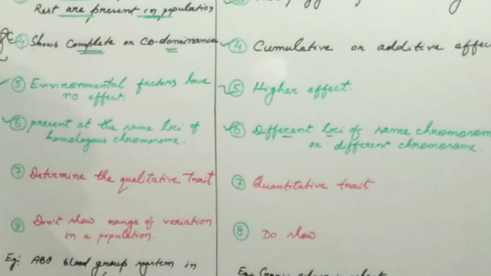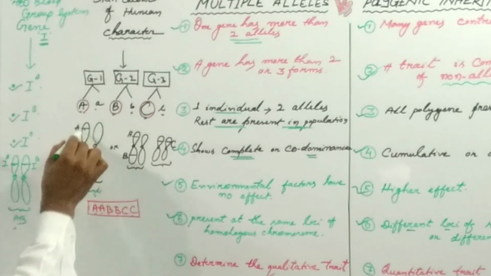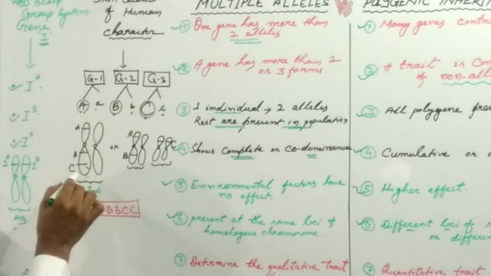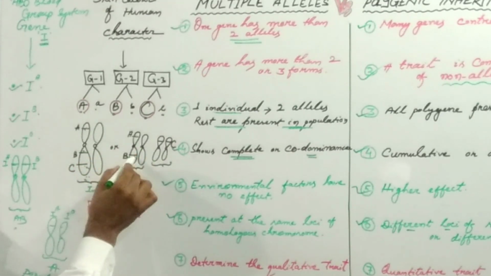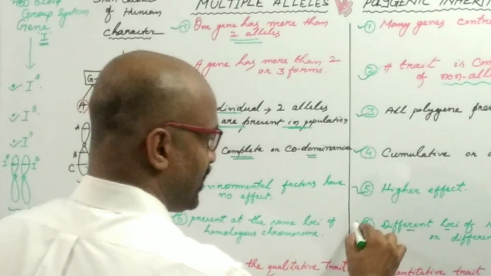Here there are 3 different loci, which contain the A, B, C genes, or these A, B, C genes may be present in a single chromosome, or at different loci of different chromosomes. So this is point number 6.